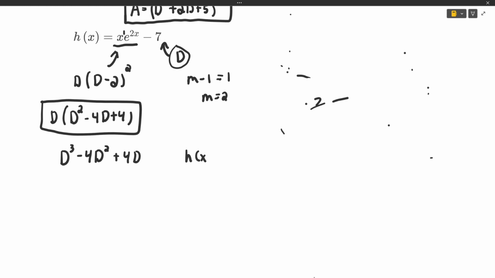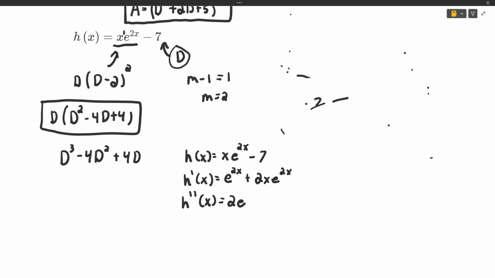So if we have h of x is equal to x e to 2x minus 7, h prime of x is equal to, we got a product rule here, e to the 2x plus 2x e to the 2x, and we have h double prime of x is equal to 2e to the 2x plus 2e to the 2x plus 4x e to the 2x.